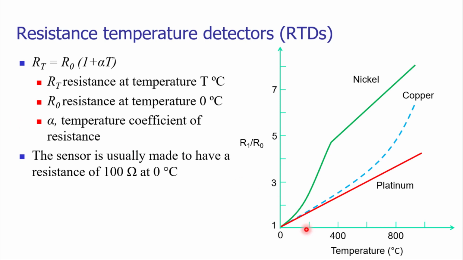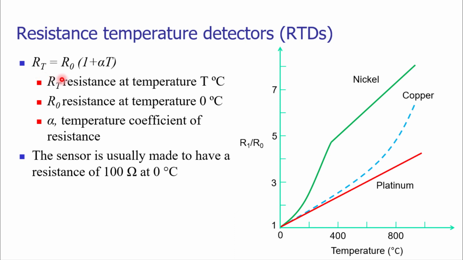On your screen you can see the plot of the increase in resistance of certain materials such as nickel, copper and platinum, and they generally follow the equation of increase in resistance as you can see on the screen.